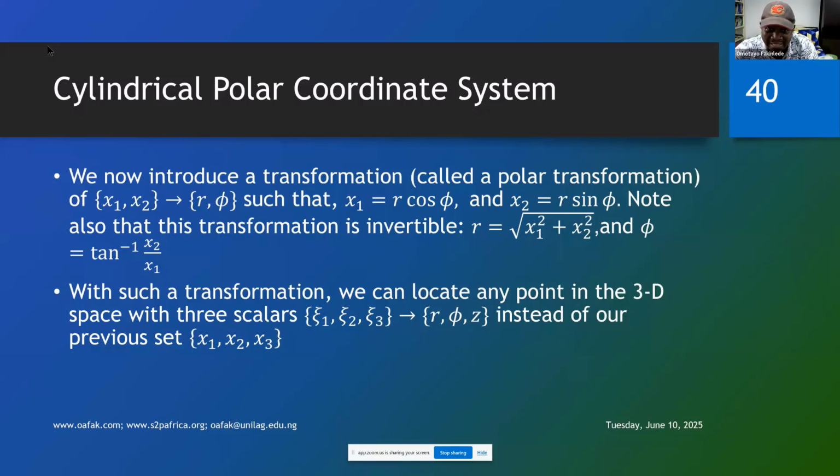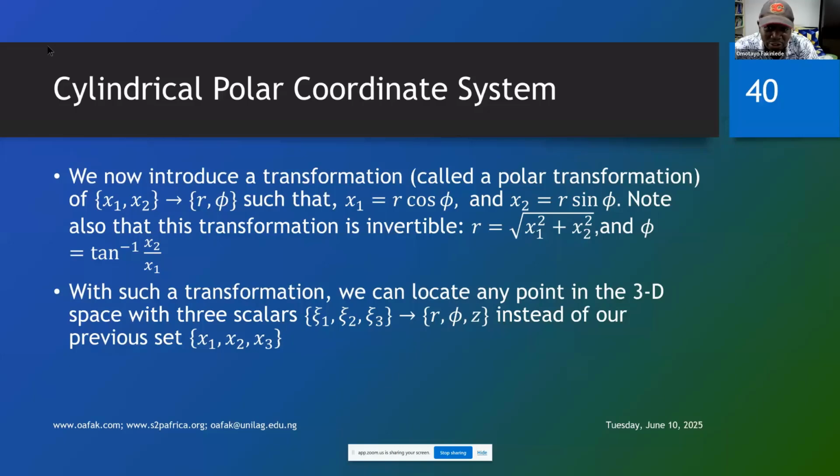Just like you can get the x1 and x2 from the r's and phi's, so also can you get the r and phi from your x1 and x2. For instance, it is invertible because r is simply the square root of x1 squared plus x2 squared, while phi is the angle whose tangent is x2 over x1.